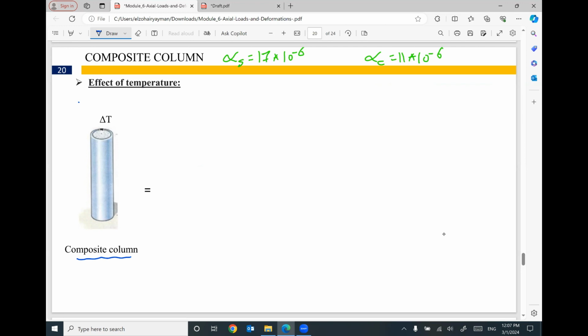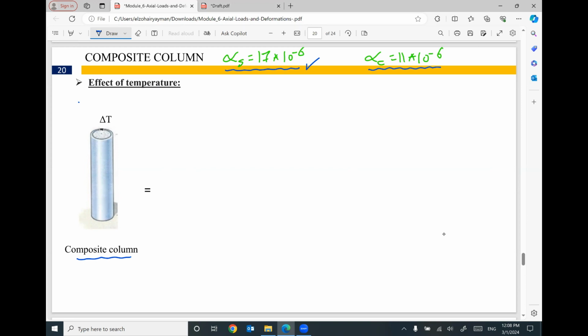But before starting, I would like to highlight the alpha for steel equals 17 times 10 to the power negative 6, and the thermal coefficient of expansion for concrete equals 11. That means the steel will expand more than the concrete under the same temperature, the same length, everything the same. So this composite column will be solved like this.